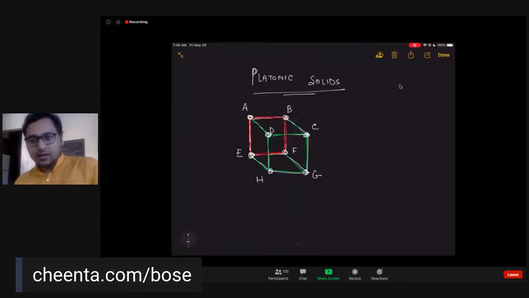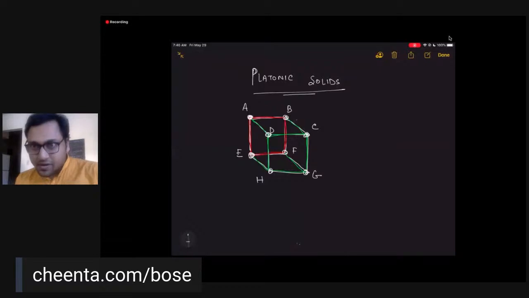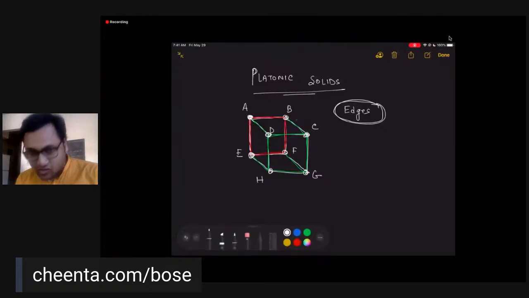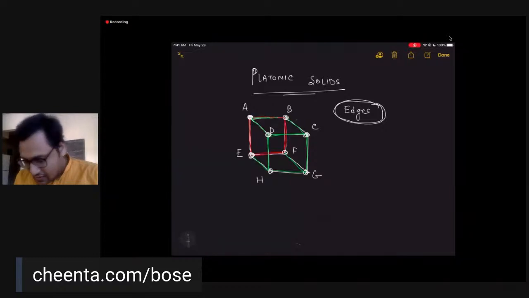Okay, so now let's count the number of edges. So what are edges? I'll mark the first edge using something like this.